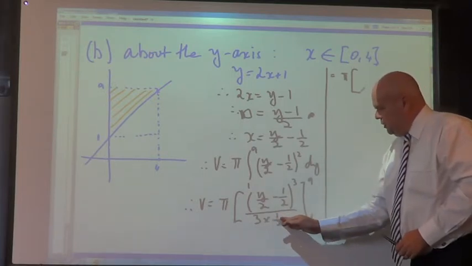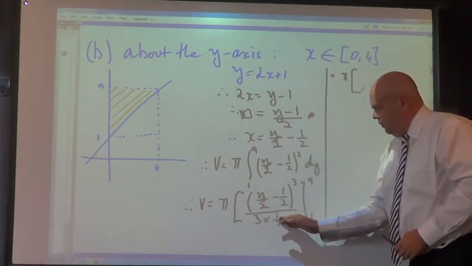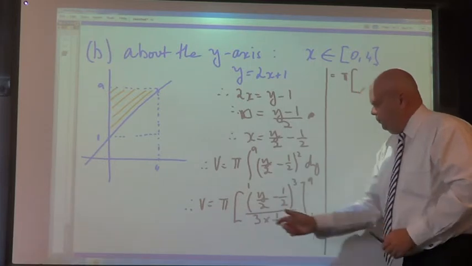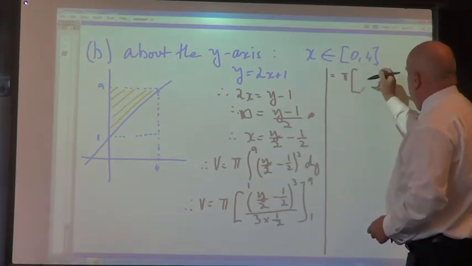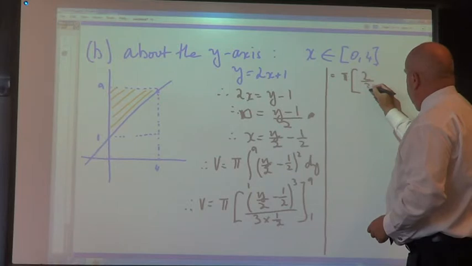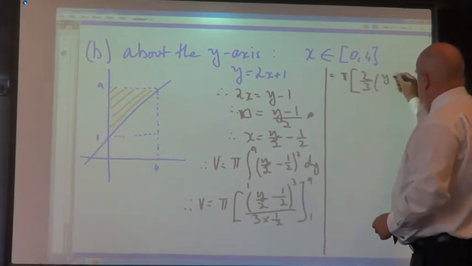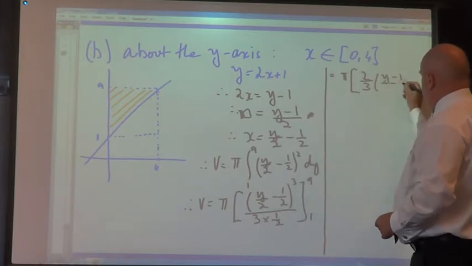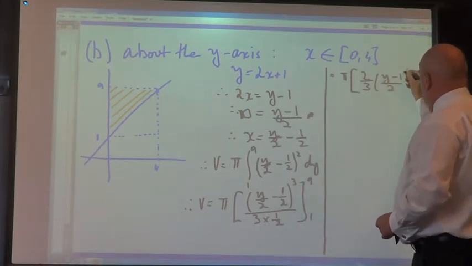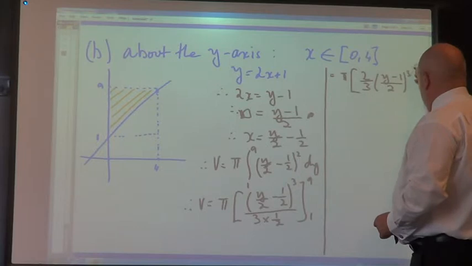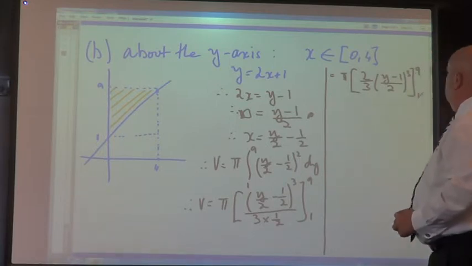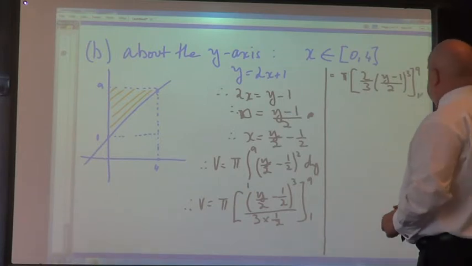So 3 on 2 is going to become 2/3. Okay? So we will write this as 2 on 3, and then let's simplify this a bit. Common denominator, so I can write everything in terms of a half. Between 9 and 1. Okay, so let's substitute away.